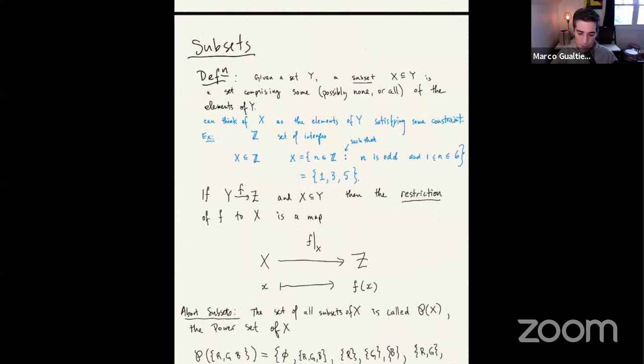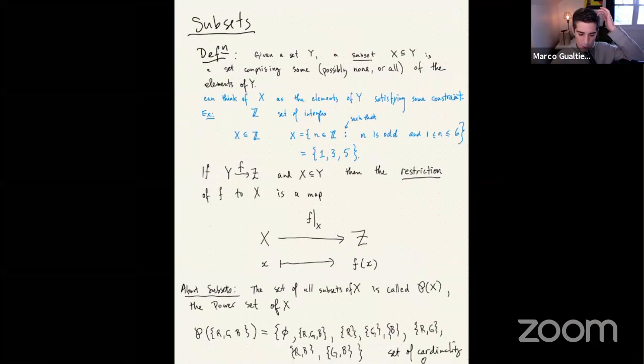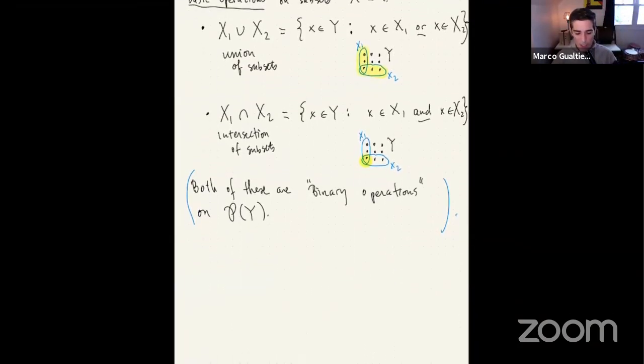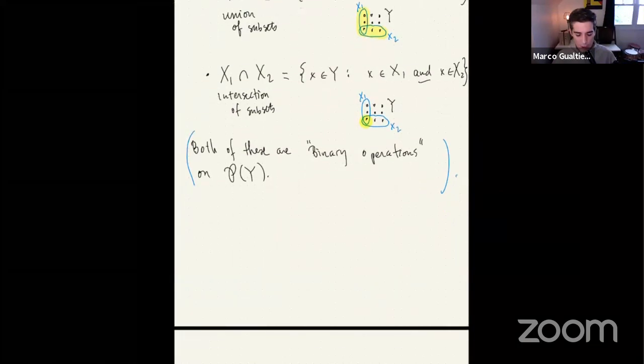The definition is given there. And here is another definition of the restriction. Okay, so we have the basic operations on subsets. We can take their union and we can take their intersection.